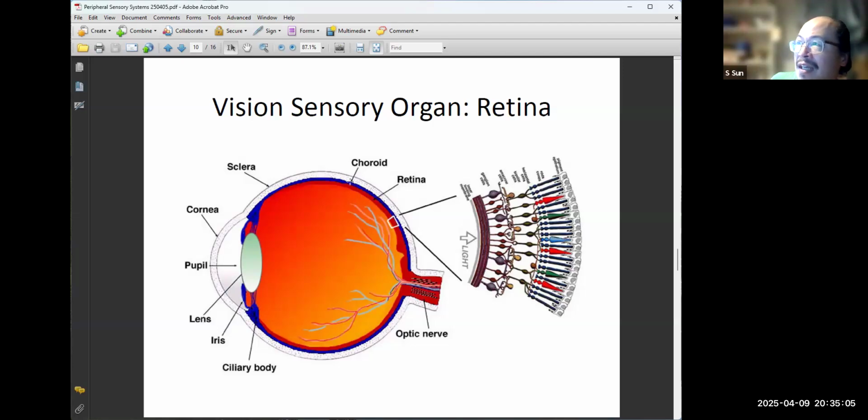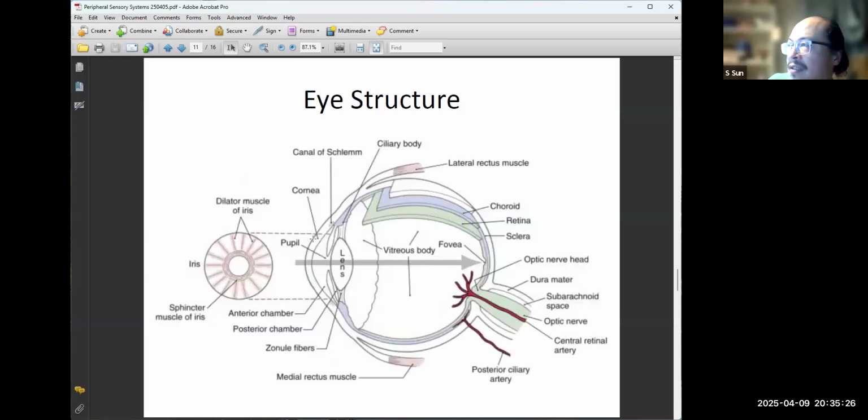So this is the second layer, the middle layer of the back of your eye. And this choroid layer is enriched in blood circulation. Coming down here, going through this region is called the vitreous body. We probably have a name down here, vitreous body. Light goes through and then hits the retina.